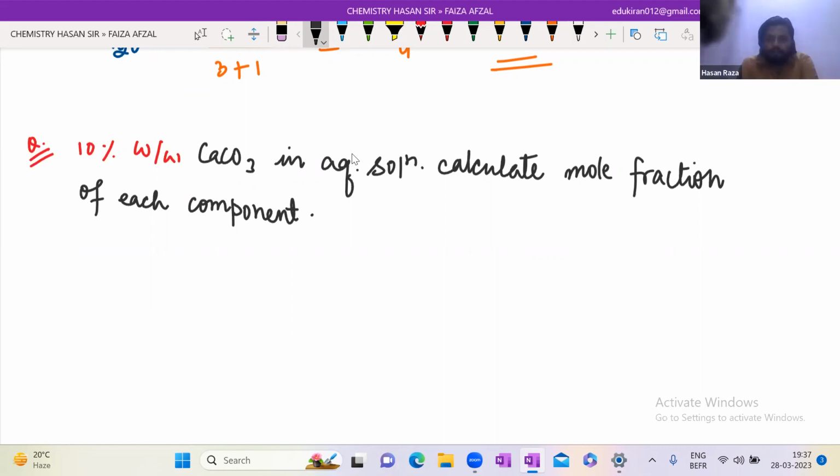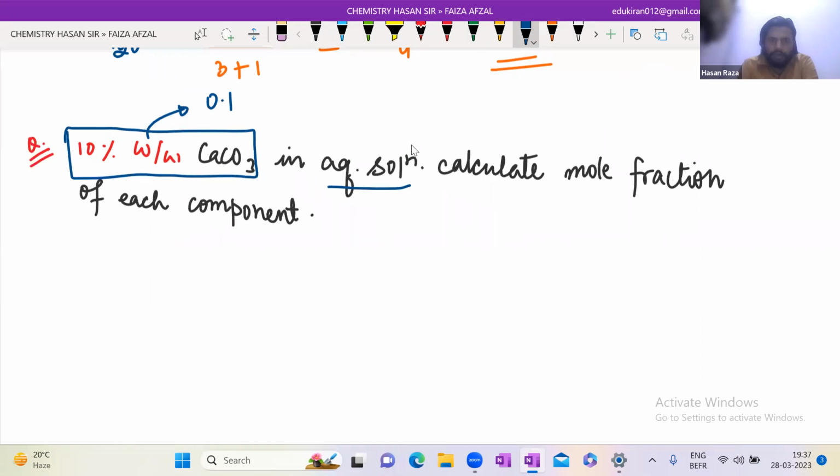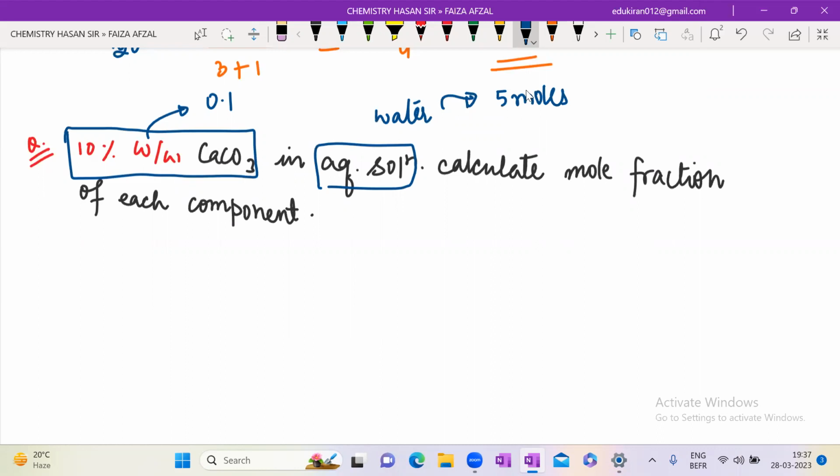Number of moles I found out. Okay, tell me the number of moles of CaCO3. 0.1. So you know this is an aqueous solution, that means the solvent is water, right? Yes, sir. Can you tell me the number of moles of water? 5 moles, sir. Very good. Please put it and let me know.